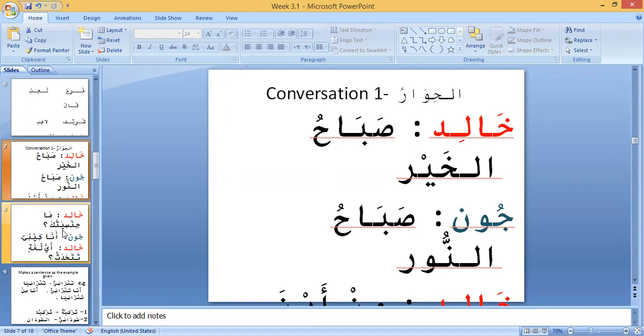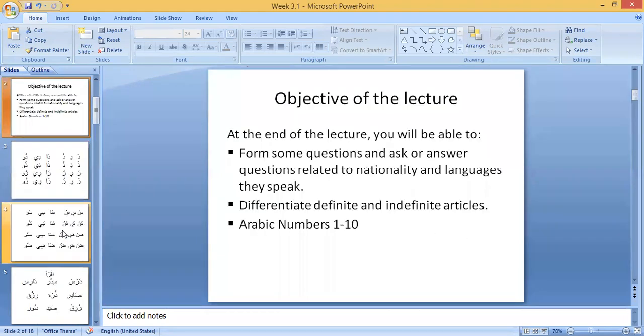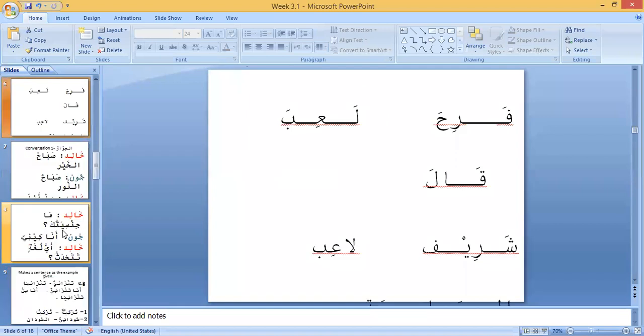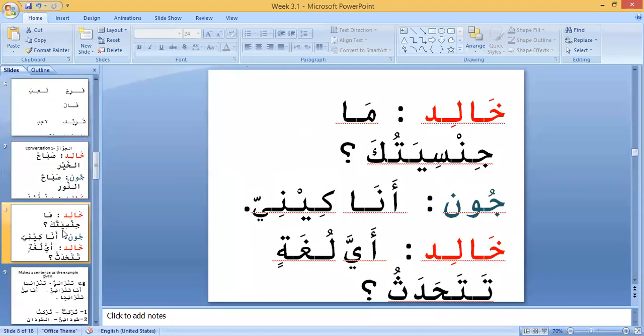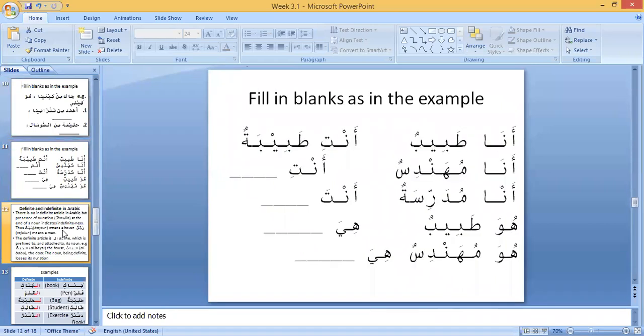We discussed numbers, nationalities. We also went through these readings, the alphabets, the long and the short vowels, how to read these words, nationality, some professions, talib, tabib, tabibah, muhandis, muhandisa, tayyar, tayyara, and the rest.